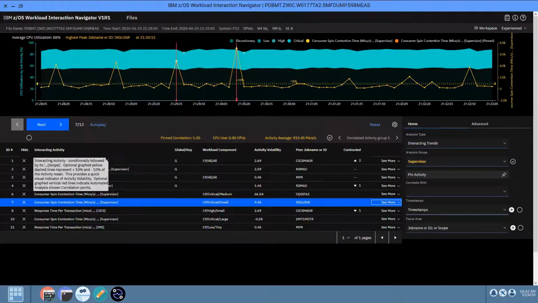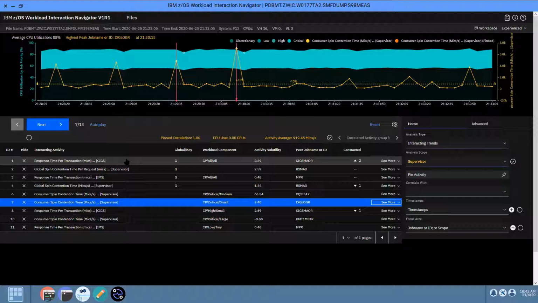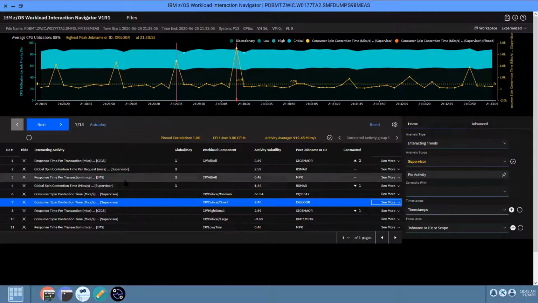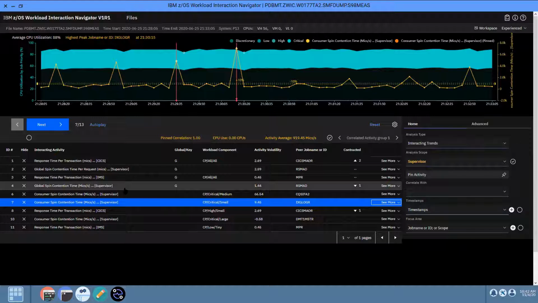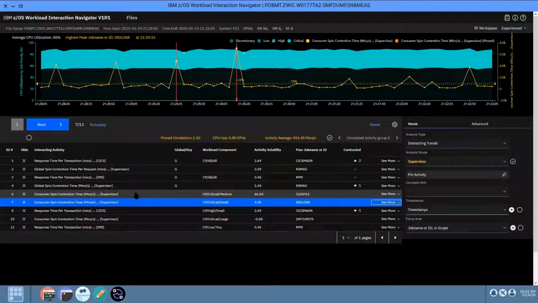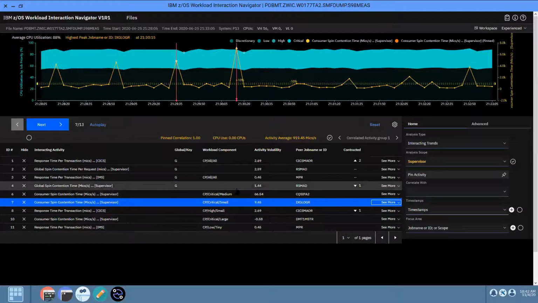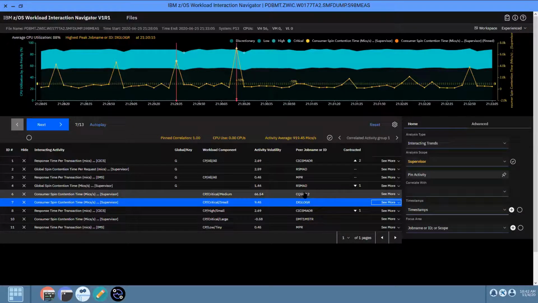Then at every one of those valleys, we saw response time per transaction peaks in CICS and IMS. We saw peaks in global spin contention time on the RSM AD lock, and we saw contention occurring on those spin contention resources from the IMS common queue server address space.